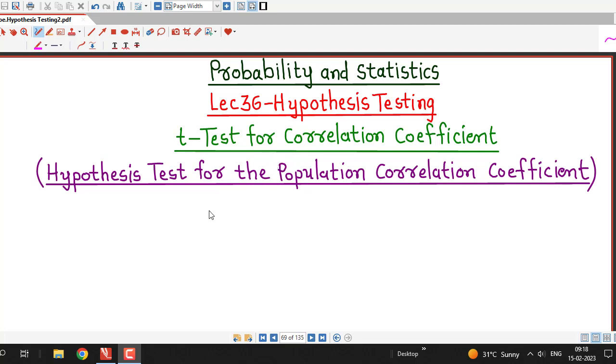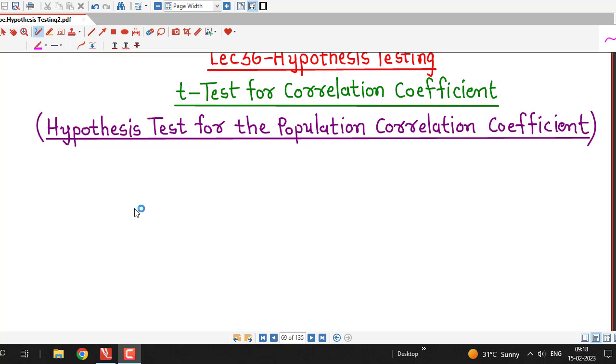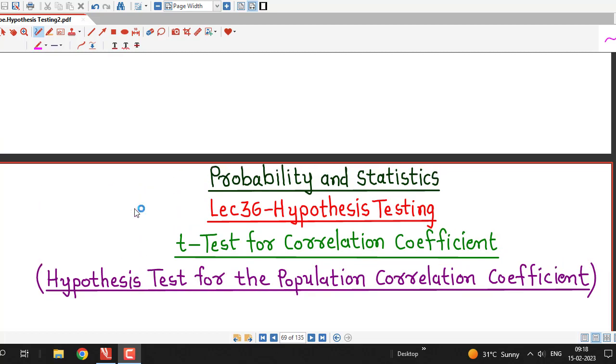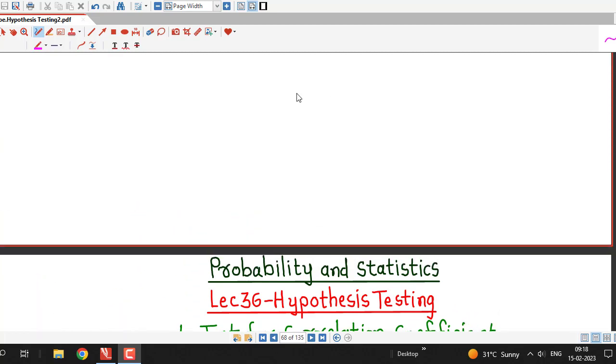In this lecture, we are going to discuss the hypothesis test for the population correlation coefficient, or t-test for the correlation coefficient. We have estimated certain parameters of the population before this lecture. We have seen in earlier lectures how we can estimate the population mean using the sample mean.